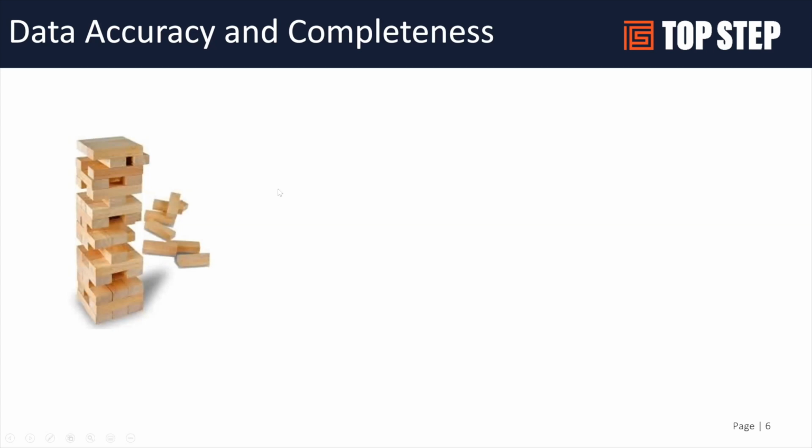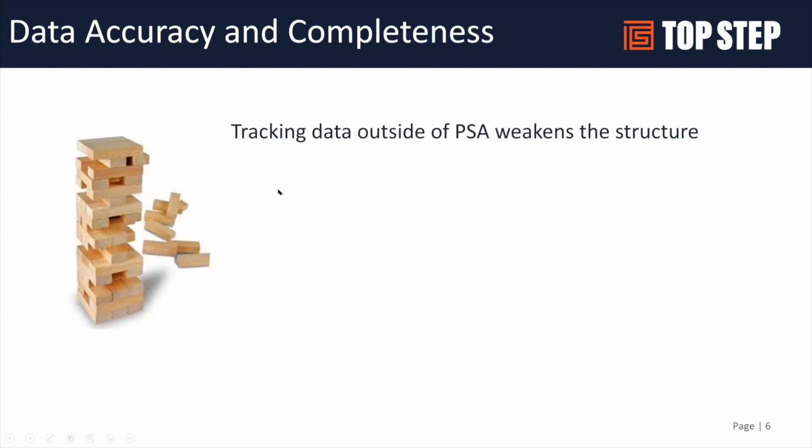Data accuracy and completeness. So every time I meet with an existing OpenAir customer, I ask, what data are you tracking outside of OpenAir? Because really, anytime you get outside the system, it's really weakening the overall structure of the system.